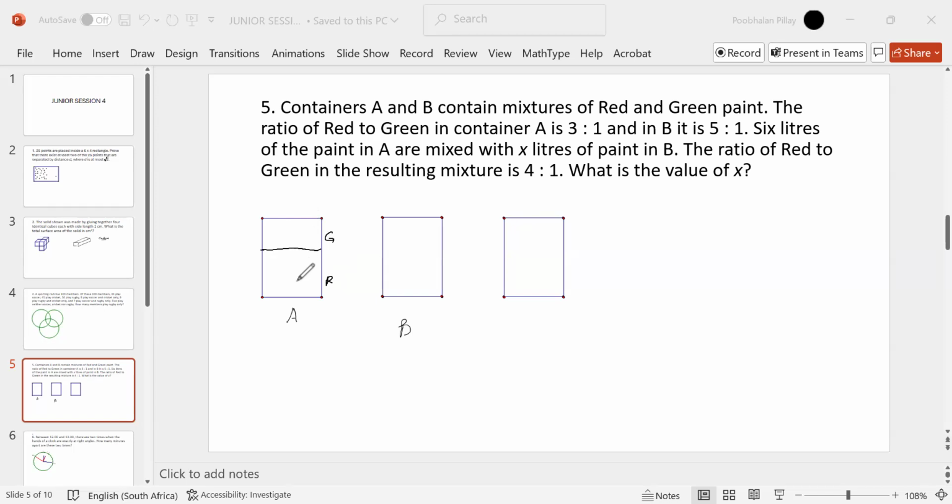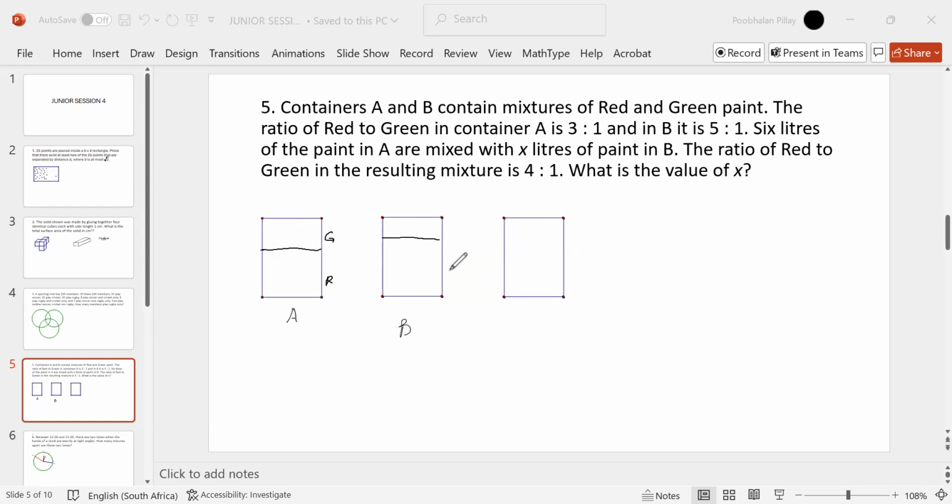If I have 12 liters here, this will have to be 4, because it's 12:4. 12 over 4 is 3. So the ratio is 3:1. We don't know how many there are, but that's the ratio. It's all mixed up, red and green, but I'm separating it just to understand the problem. Okay. Now in B, the ratio is 5:1, the same ratio.